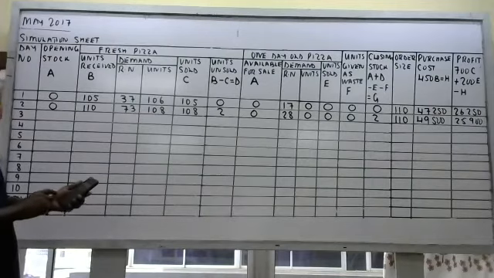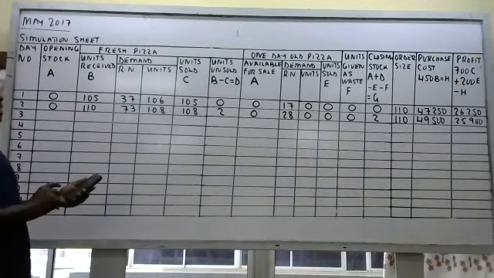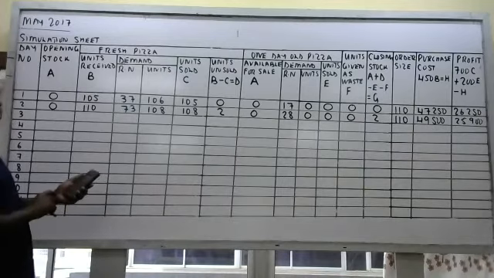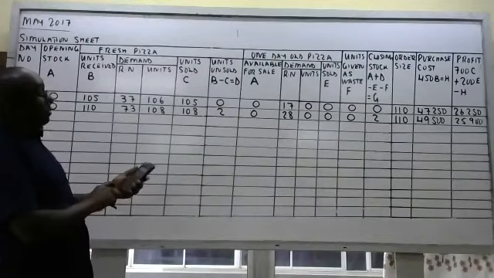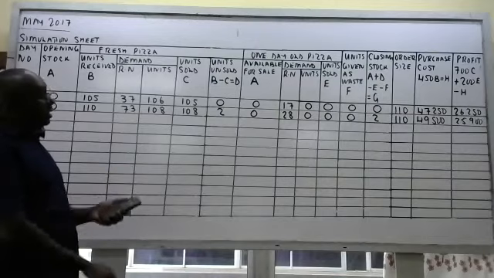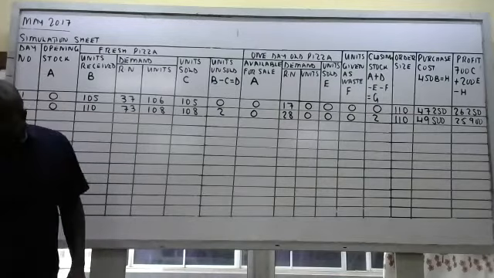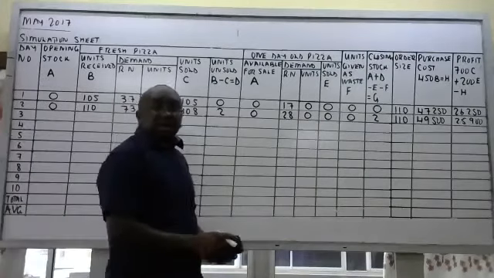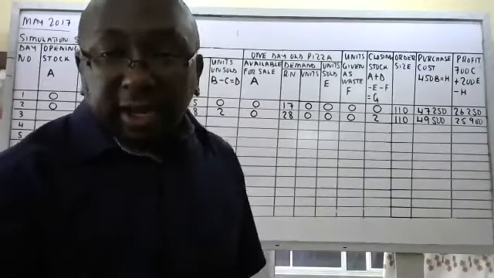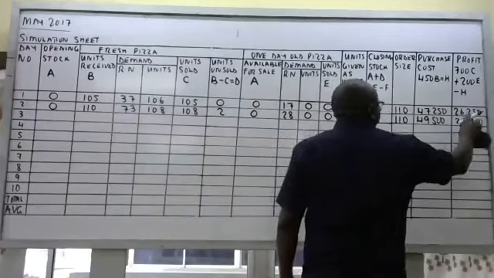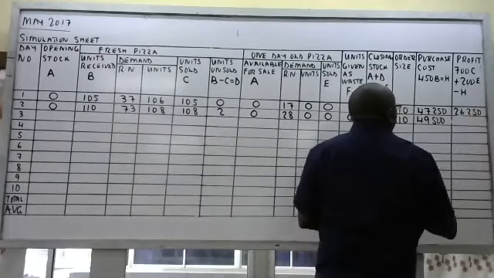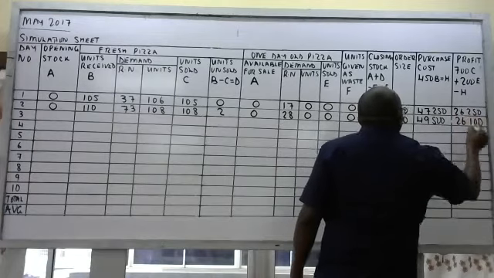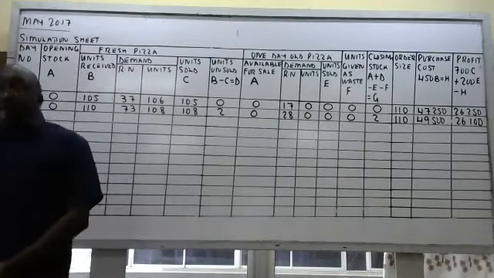That is, 110 times 450 equals 49,500. Then 700 times 108, minus, we have sold nothing from the old stock, minus 49,500. 26,100. Yes, Eva and Helen, 26,100.